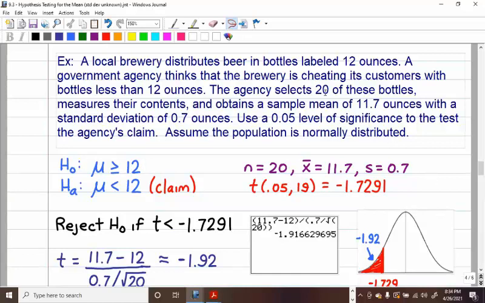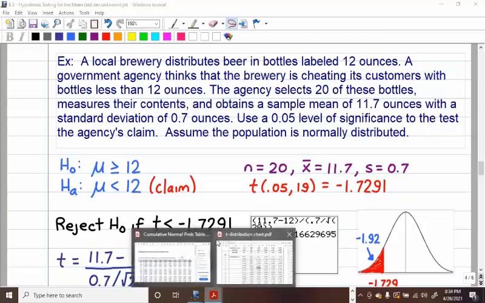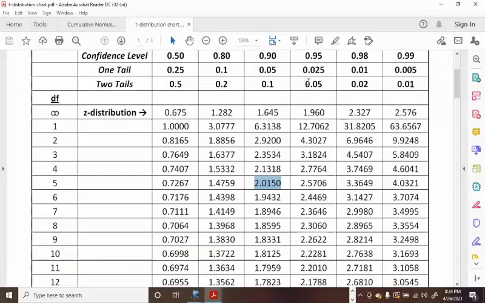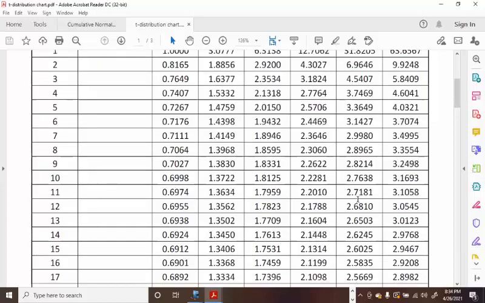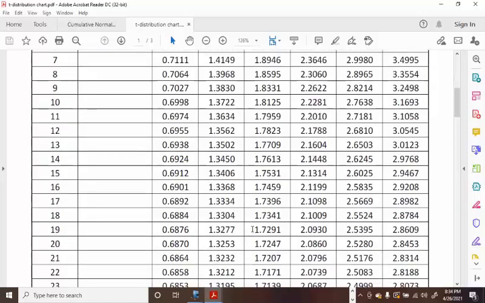So n is 20, which makes 19 degrees of freedom. Alpha is 0.05, one-tailed, 19 degrees of freedom. How about right there?